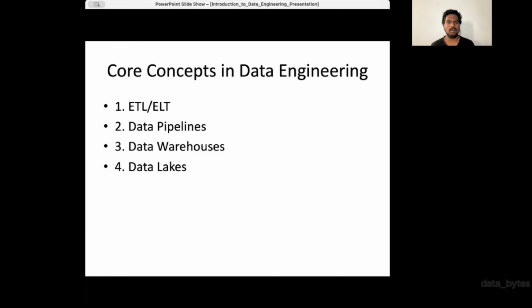Now moving on to the data warehouses. So we have data warehouses where the data is stored, and it is used by the data scientists and the data analysts for real world purposes like performing business analytical tasks, creating dashboards, or reporting purposes.